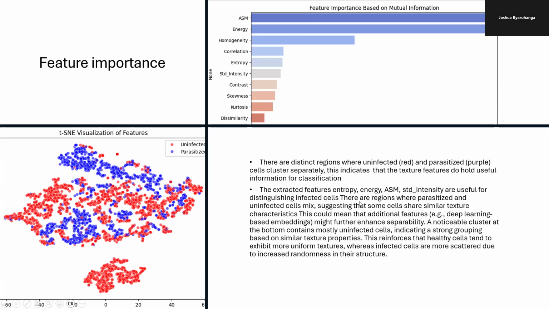As you observe, there are also regions where parasites and infected cells mix. These regions here, infected cells and uninfected ones, they mix. So this indicates that some cells share similar texture characteristics.